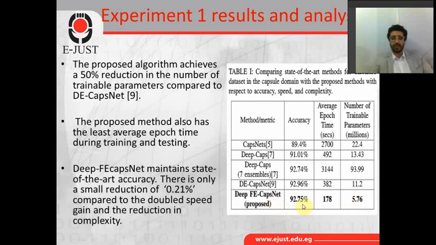But it actually comes in the second place when compared with the diverse enhanced capsule networks. So I think that it maintained a state-of-the-art accuracy here, because the difference is a small margin. It's about 0.21% the accuracy for the C4 dataset.